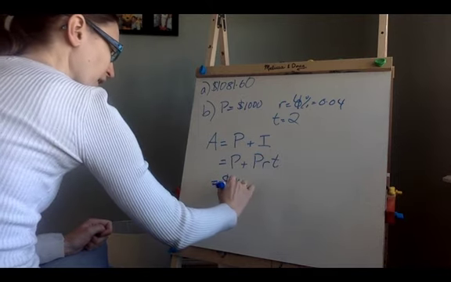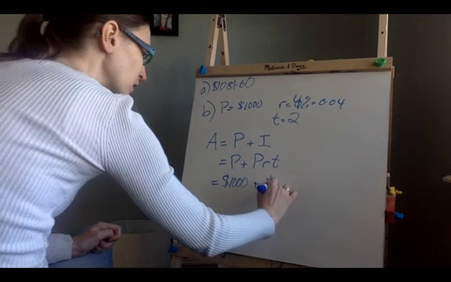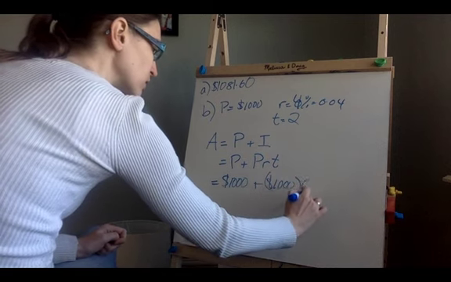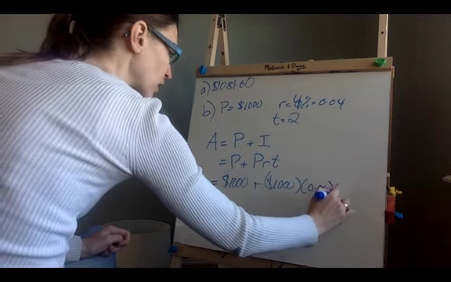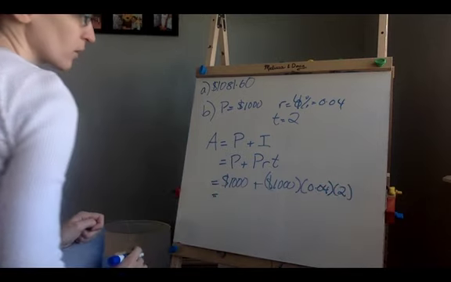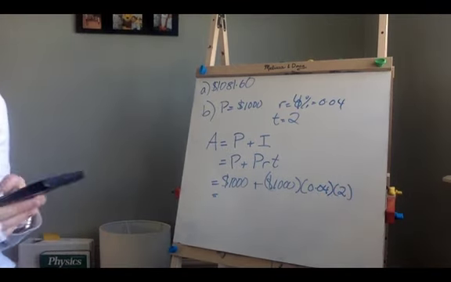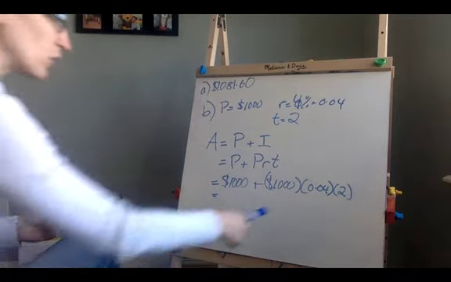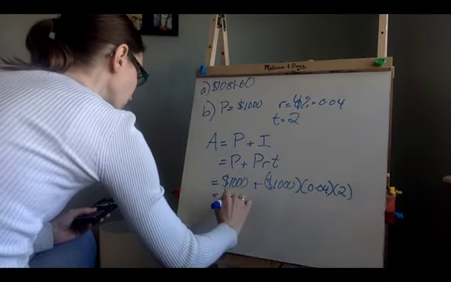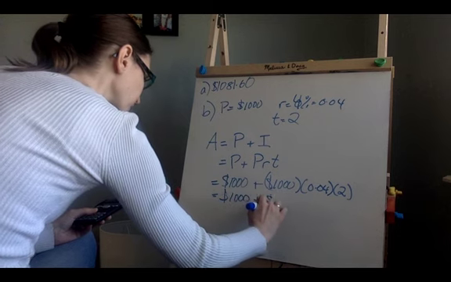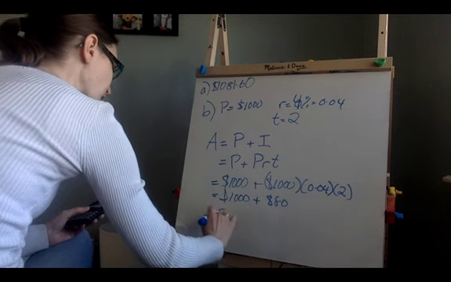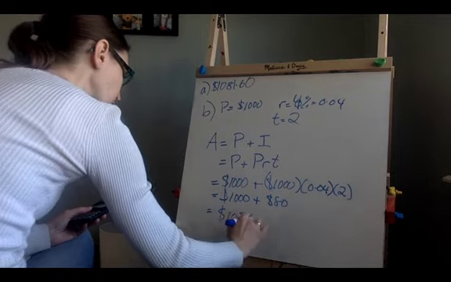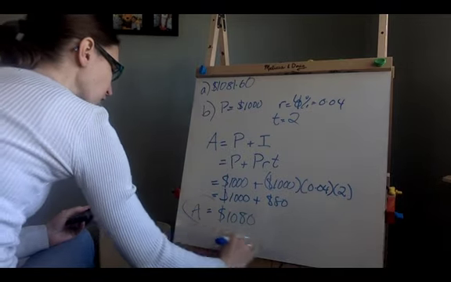So this would be 1,000 plus 1,000 times 0.04 times 2. We do that calculation, so the interest earned would be $80, and that would be added to the 1,000. So in total, you would have $1,080.